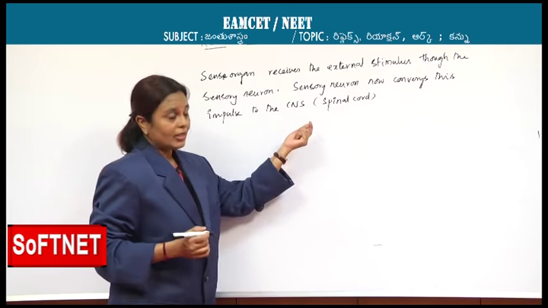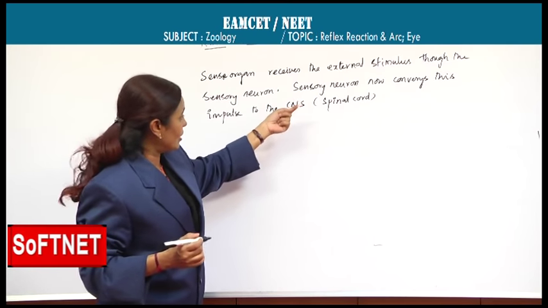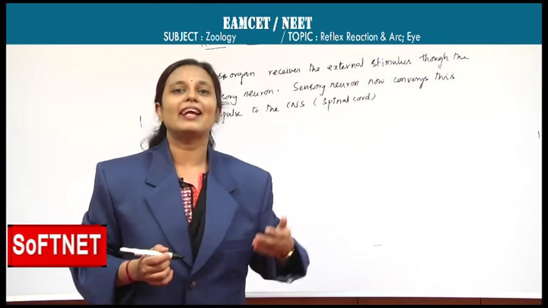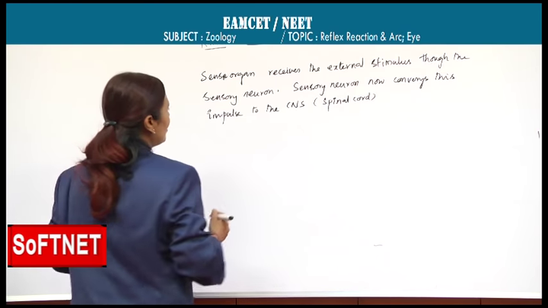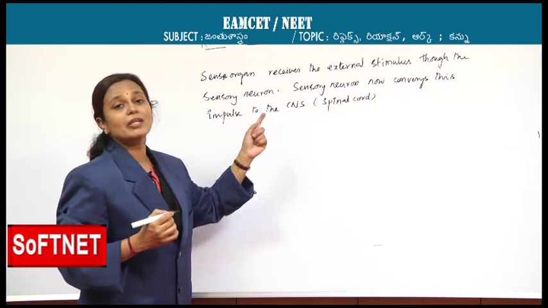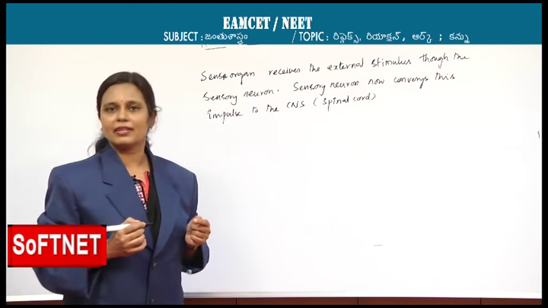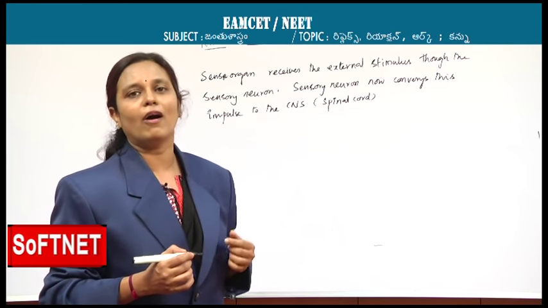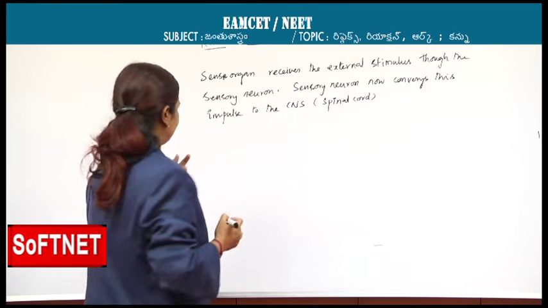Now these sensory impulses received by the central nervous system are processed, analyzed. Then from the central nervous system, these processed impulses will be sent back to the effectors through the efferent neuron or motor neuron.